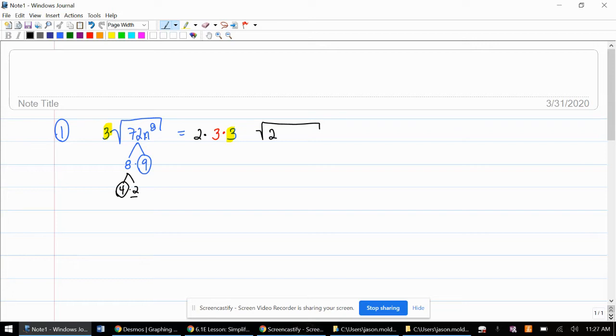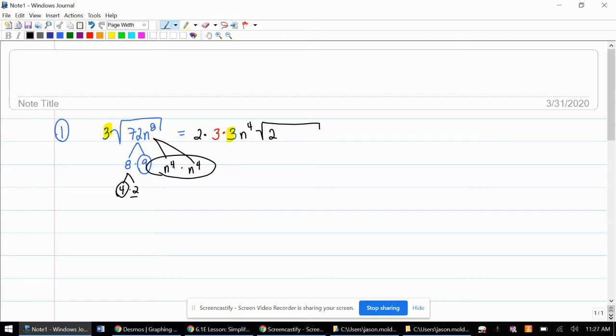And now we need to deal with n to the 8th. And so n to the 8th, I can think of as n to the 4th times n to the 4th. And so there is a pair, and out comes one representative. And what we might be realizing is if it's even, we're basically just cutting it in half. And if it's odd, we're just going to reduce it by 1 and then apply that rule.